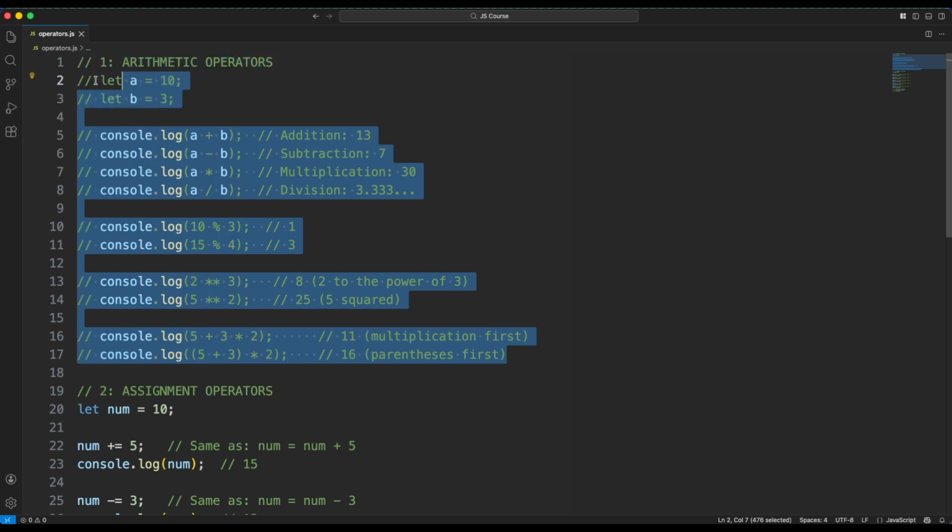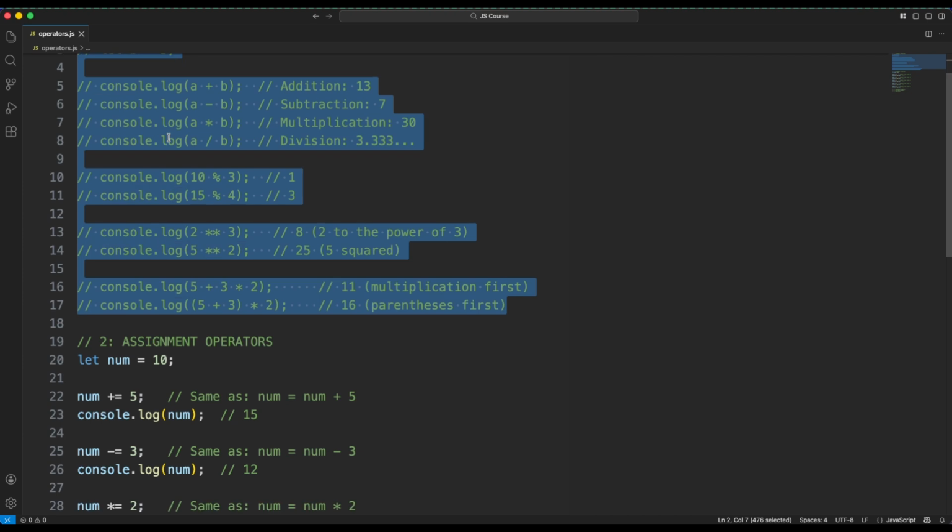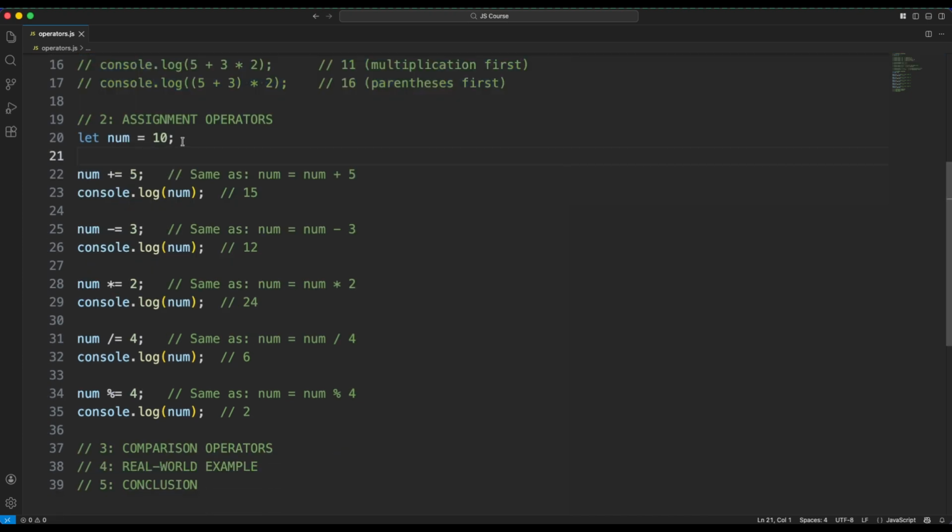Let me comment this so it's easier to understand and focus on the new line. These compound assignment operators are everywhere in real code. They save your time and make your intent clear. You notice plus equal 5.